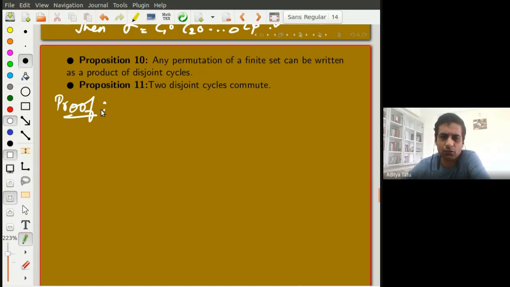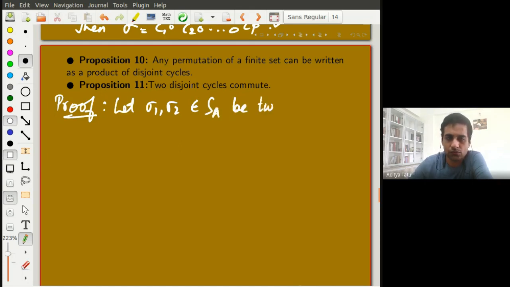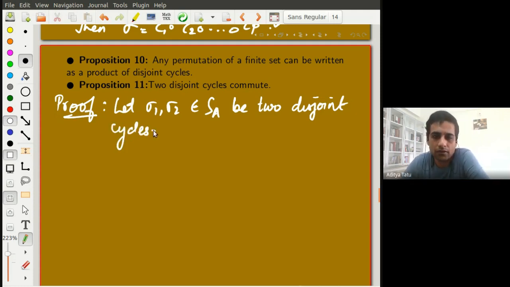Let's just start with two arbitrary permutations, sigma 1, sigma 2, which are disjoint cycles. Now, what can you say about the elements of the set A?